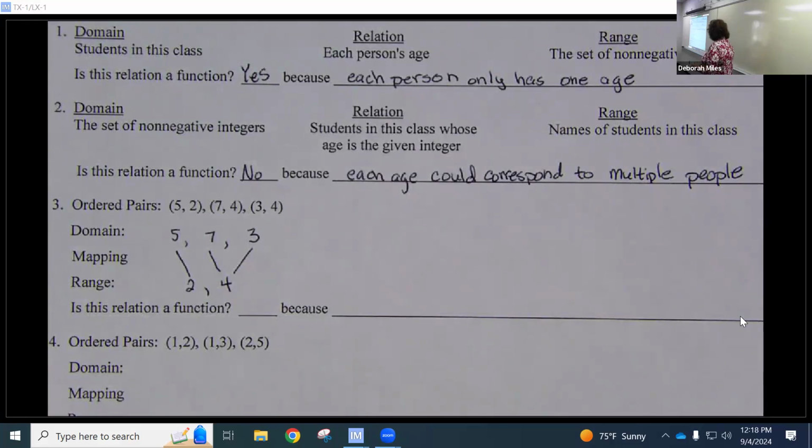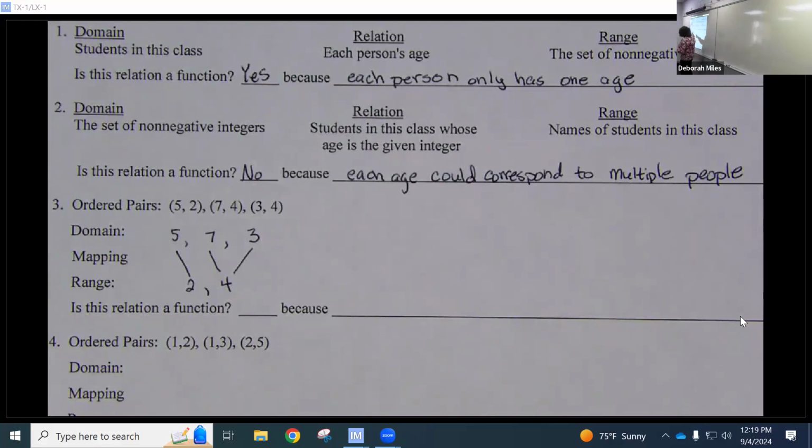Think of the definition of a function. For each x, there's only one y. What if I said, how many different y values are there when x equals 7? Just one, and that's the only thing y is when x is 7.